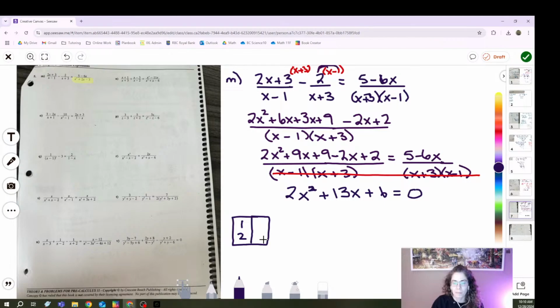Okay, cross multiply. We get 1 and 12. I think we're on a good path because those do add to 13. So what are our factor brackets? Good.